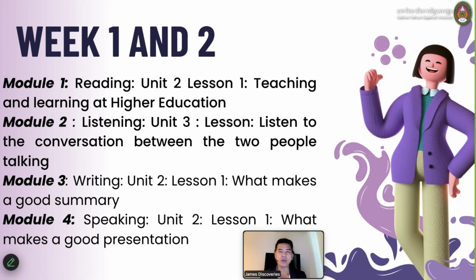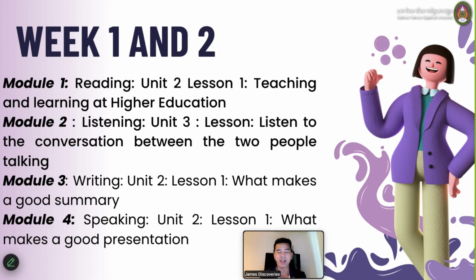Module 2 is listening for Unit 3, where we listen to a conversation between two people talking. Module 3 is writing, Unit 2, Lesson 1, what makes a good summary, and the last one is speaking, Unit 2, Lesson 1, what makes a good presentation. These are our topics for the entire discussion.